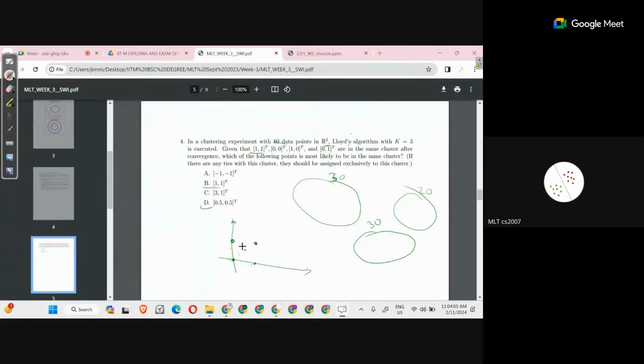0.5, 0.5 also, and any point which is available here. If these corner cases are covered, then anything inside this will fall into this cluster only.